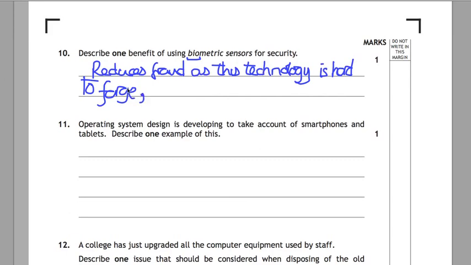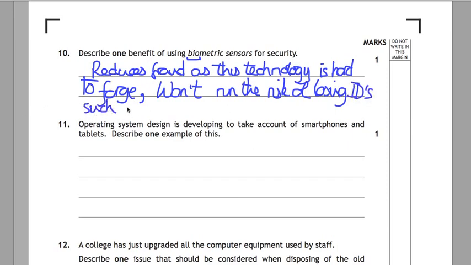But just in case you're not too sure, you could also say it won't run the risk of losing IDs such as cards.